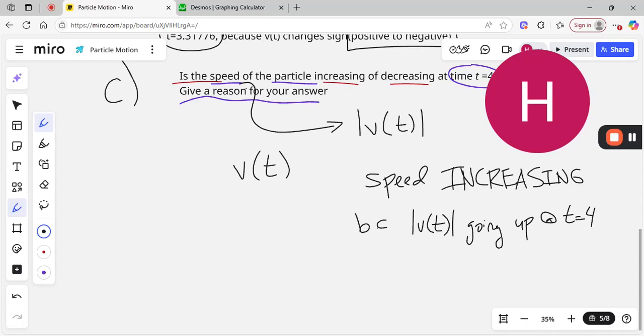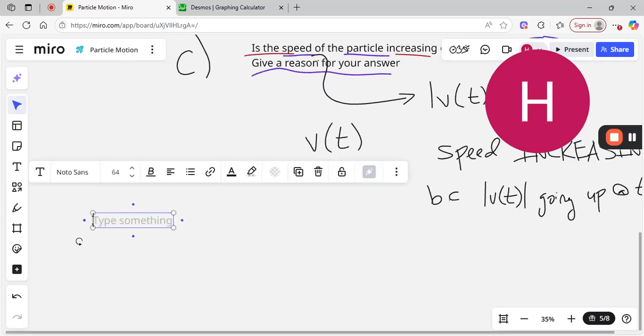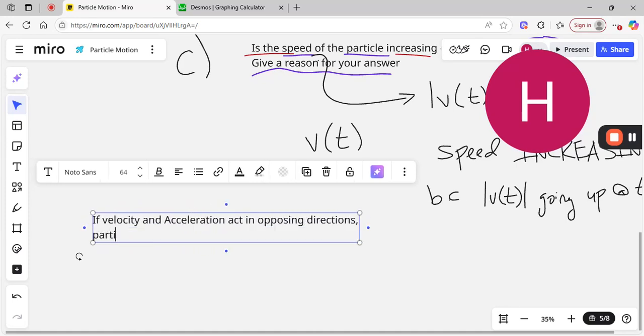Now, if you're doing a problem by hand, sometimes you'll try to find the acceleration and compare the velocity to the acceleration. If velocity and acceleration act in opposing directions, the particle is slowing down.